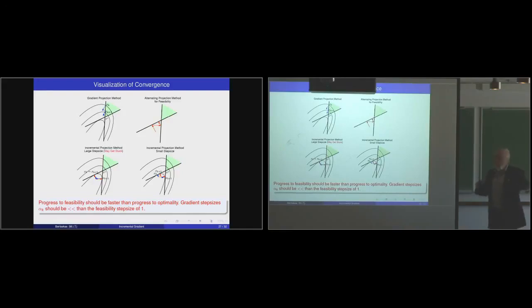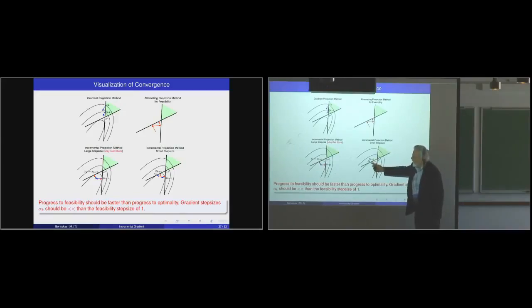You have to make one of the two methods subsidiary to the other through a two-time scale convergence process. Like here, we make the blue method slower than the red method and take smaller gradient steps and full projection steps.